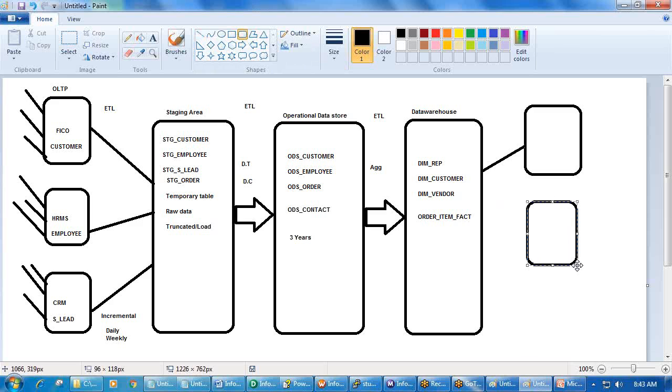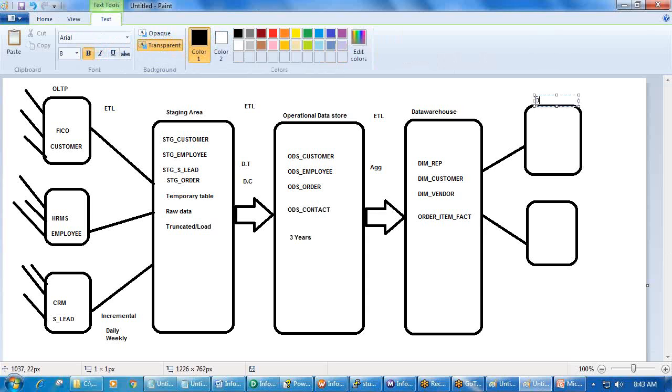A data mart is nothing but a subset of the data warehouse defined for a specific subject area. So all the sales related tables we can have here, and marketing related tables we can have here, and this is your data mart.